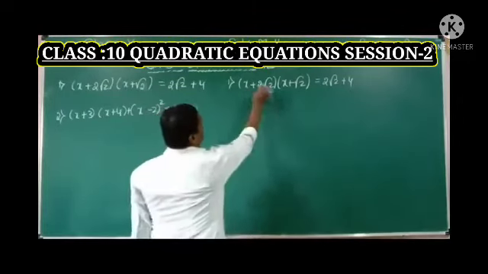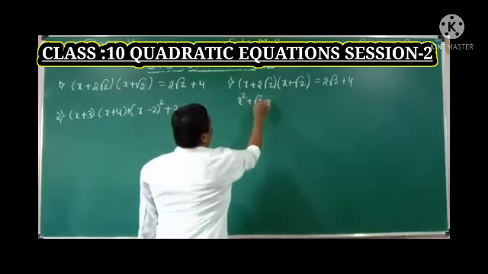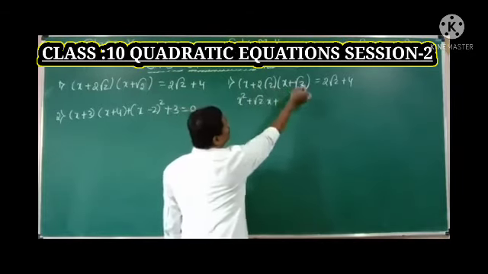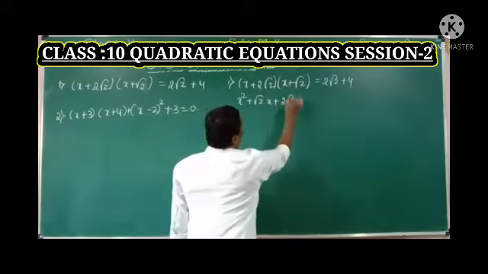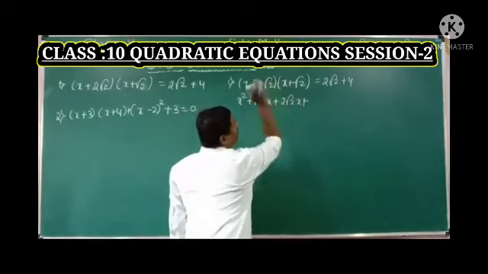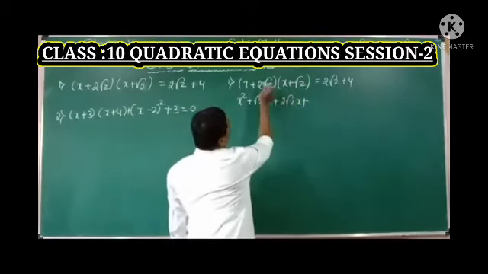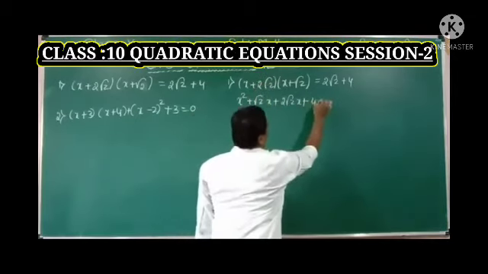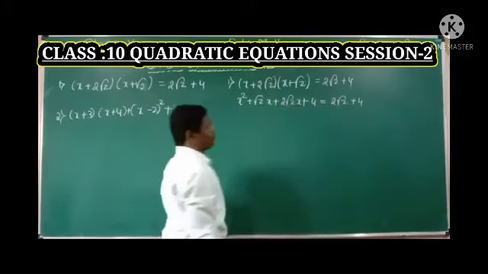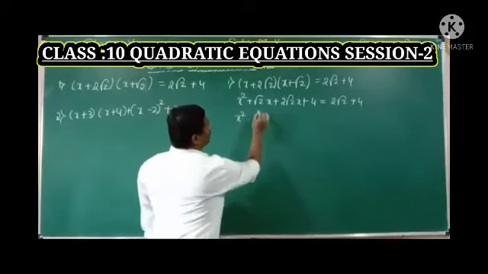Binomial products. So x into x, x square, x into root 2, root 2x, plus 2 root 2 into x, 2 root 2x, plus 2 root 2 into root 2, 2. It means root 2 into root 2 is 2, 2 2s are 4, which is equal to 2 root 2 plus 4. Now x square, write as it is.